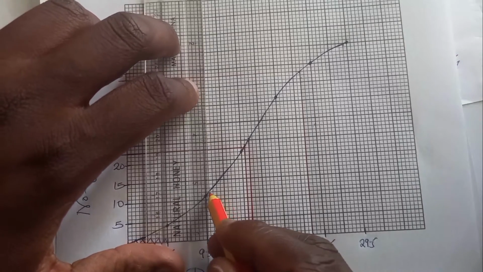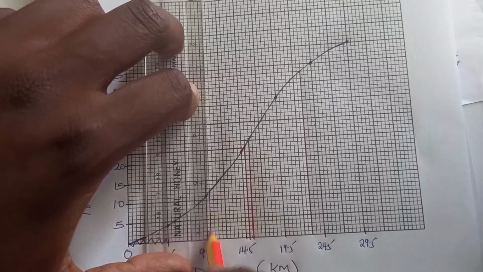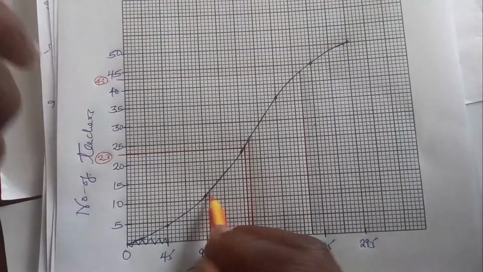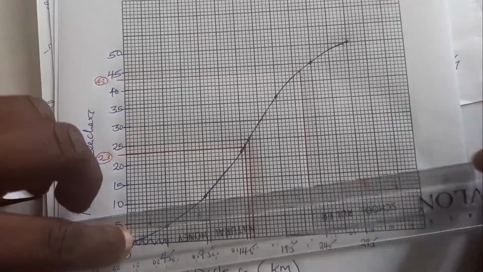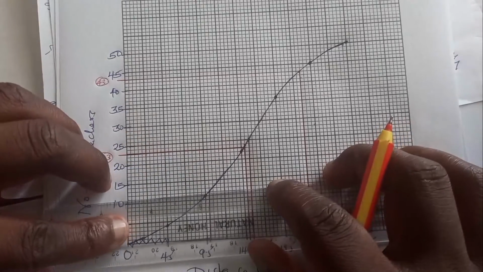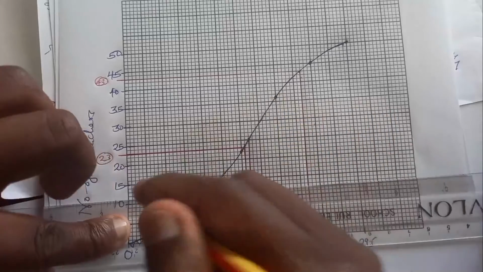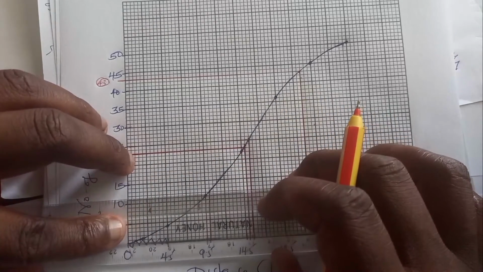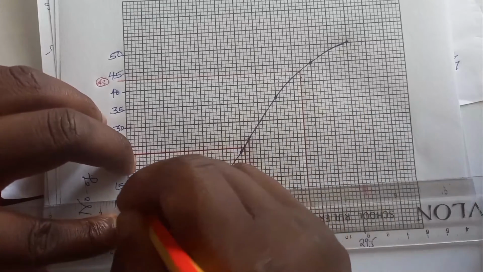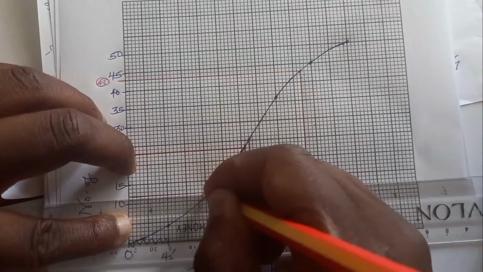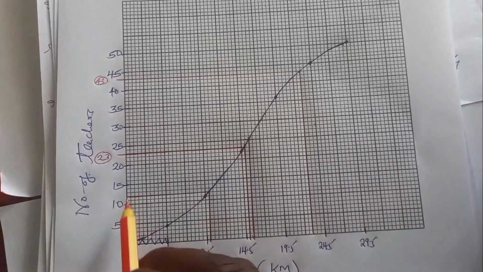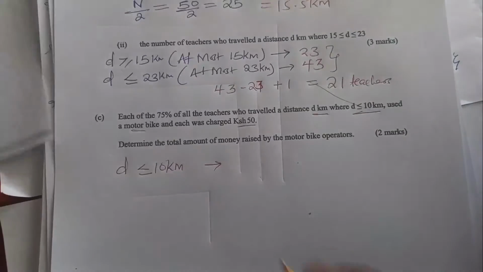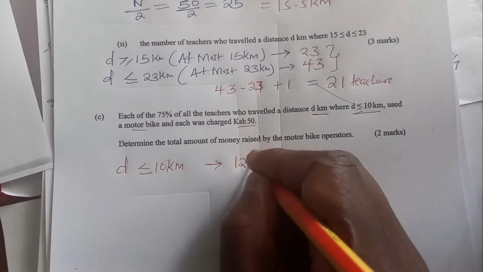Draw a straight line where we have 10, then where that line meets the curve, you draw another straight line like that. So these will give 10, 11, 12. So from the graph, those will be 12 teachers.